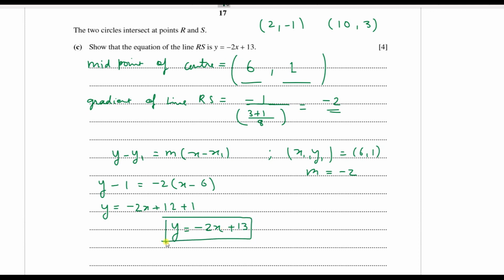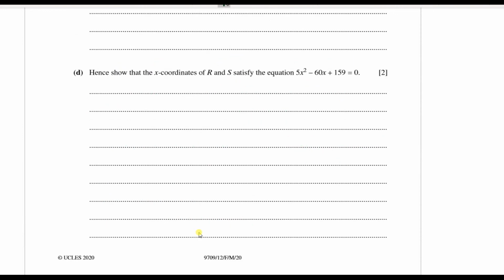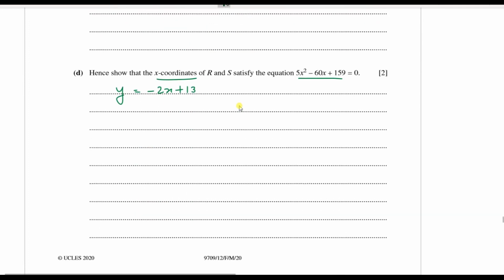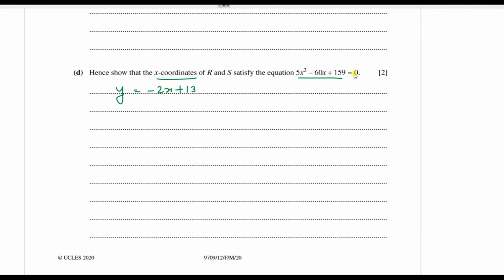So let's discuss the last part. Hence show that the x coordinates of R and S satisfy this equation. Since we have y equal to minus 2x plus 13, as we have proved in part C, we can put this y in either equation of C1 or C2, because R and S lie on both circles.